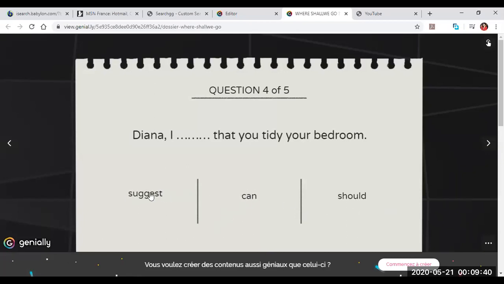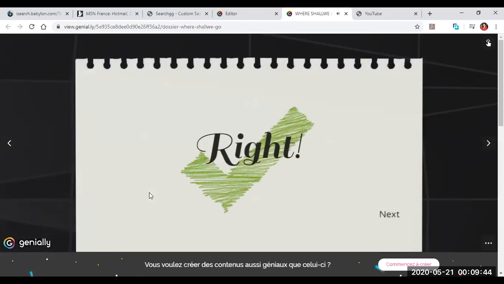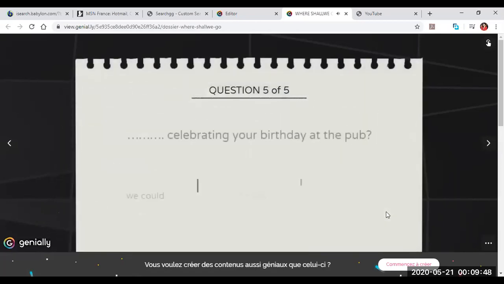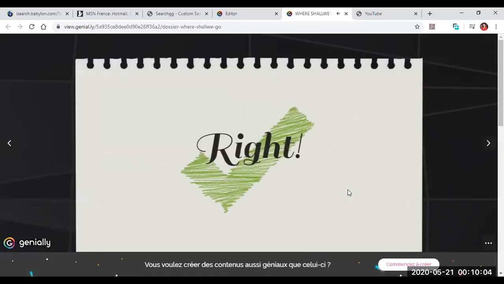I will go for suggest. All right, and question number 5. Blank celebrating your birthday at the pub. This is followed by the ing form, so why not choose? All right.